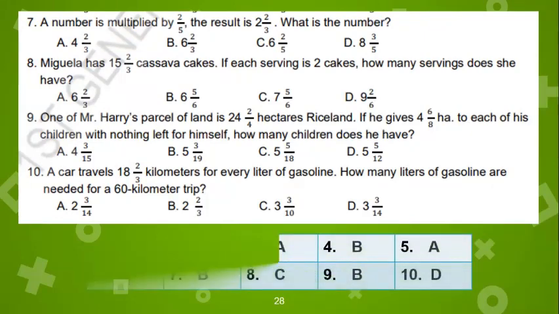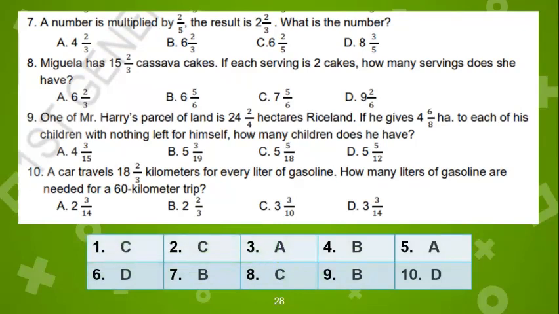And you have to check your answer. Write the score on the top right part of your notebook. There you have it. Good job, kids.